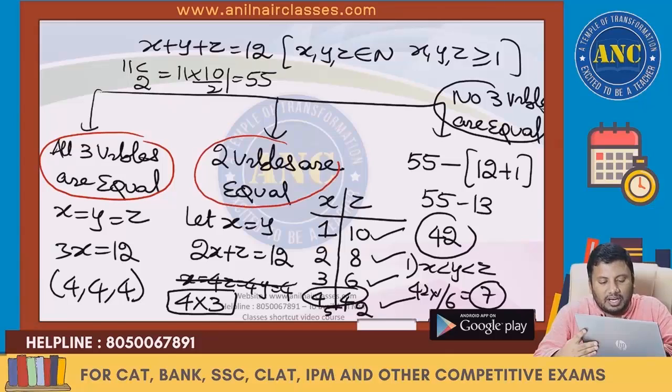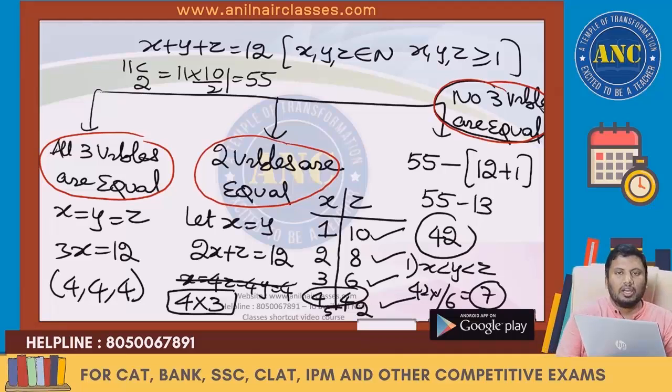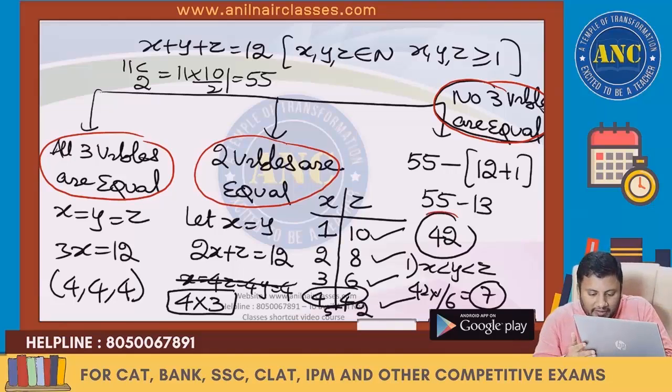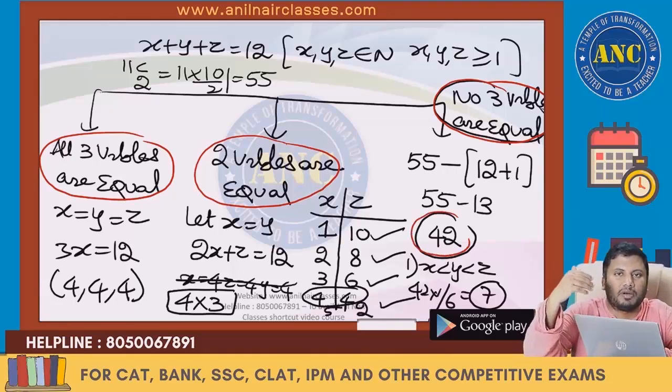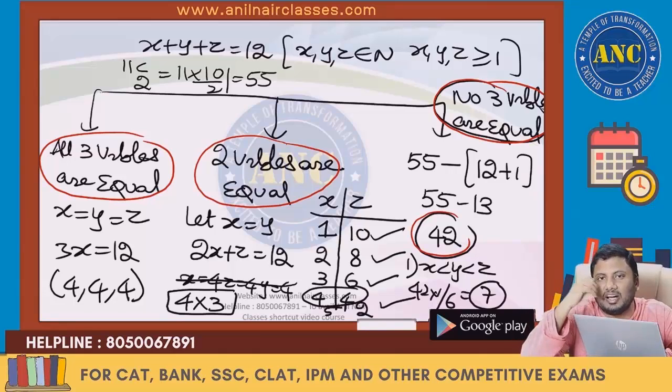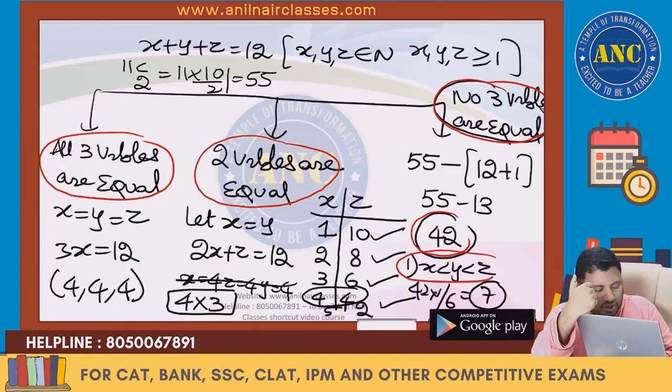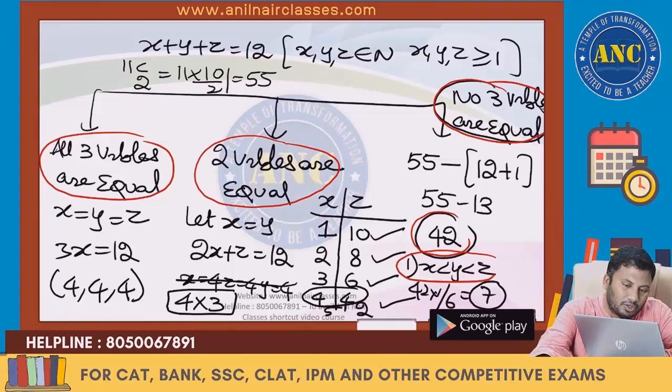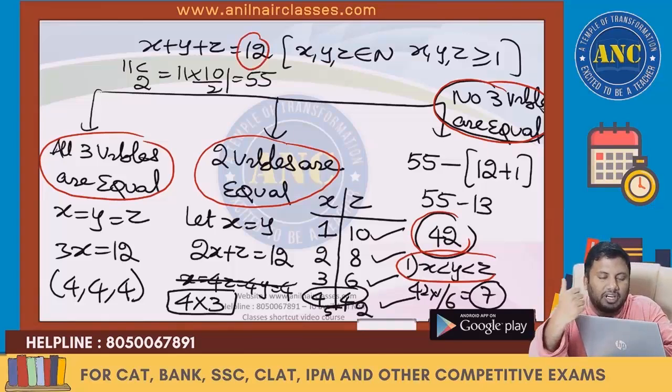No 3 variables are equal means x less than y less than z, x less than y greater than z, y less than z less than x, like that 6 cases I will get. Depending upon the question, you use it. I hope it is clear to you. If this is a multiple of 3, what if it is not a multiple of 3? Write down the next question.